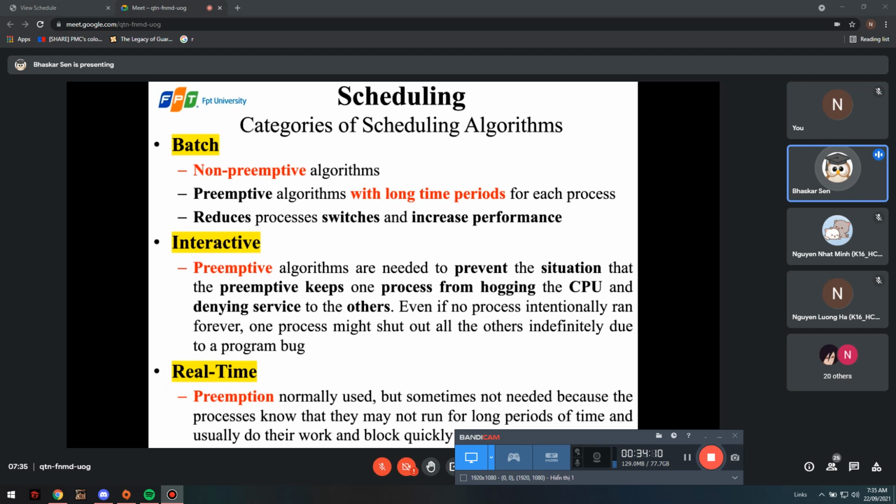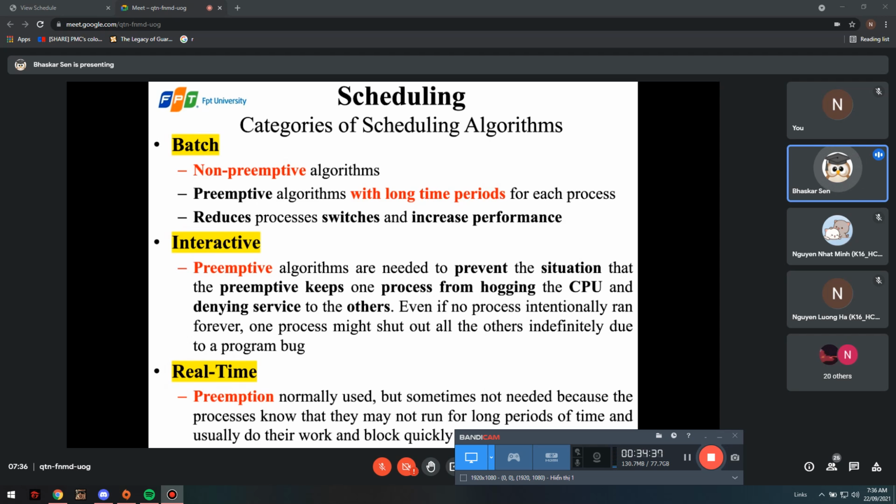And in terms of preemptive and non-preemptive, as you can see, the batch systems are in general non-preemptive. But we can use a preemptive algorithm, but in that case, we must give them ample time to execute fully on the CPU.